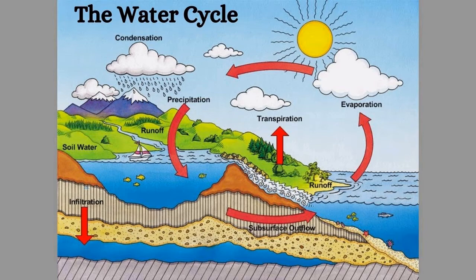Now, if it has a break in the cycle, what do you think might happen? And what do you think might have caused that break? Take a pause to think about that. If you said maybe there's less water because of a drought, or people are using too much water, that could be why the water cycle isn't going as fast as maybe we'd like it to.